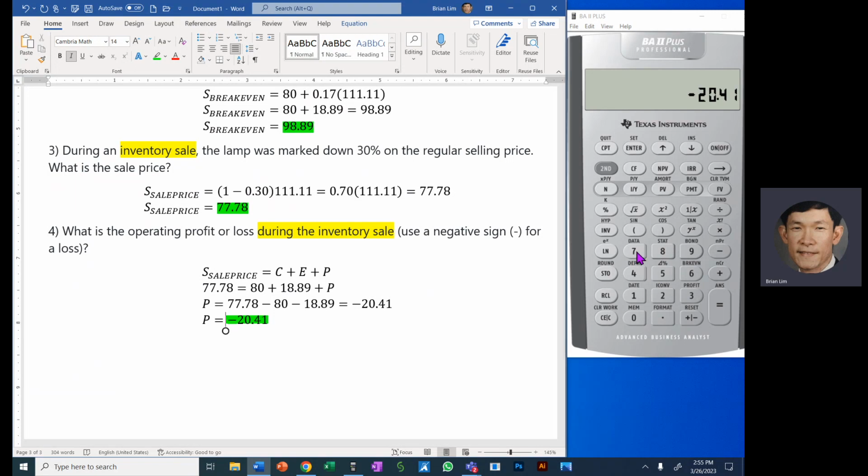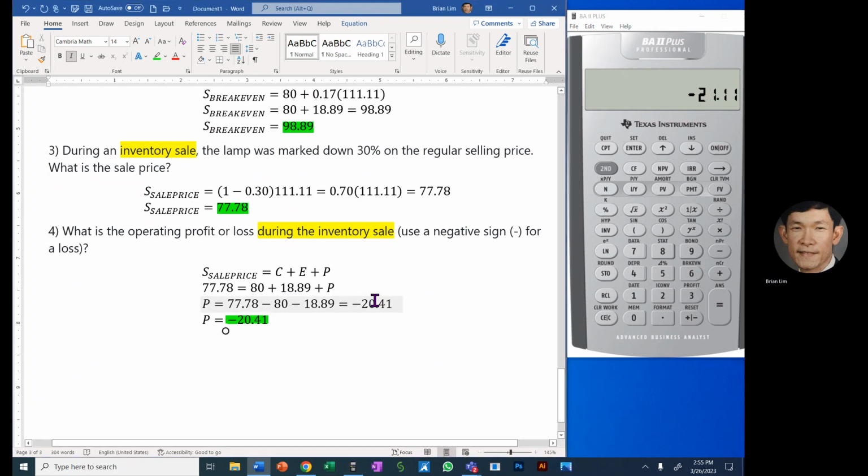So let's see again. 77.78 minus 80 equals, and then we have minus 18.89. That is equal to negative 21.